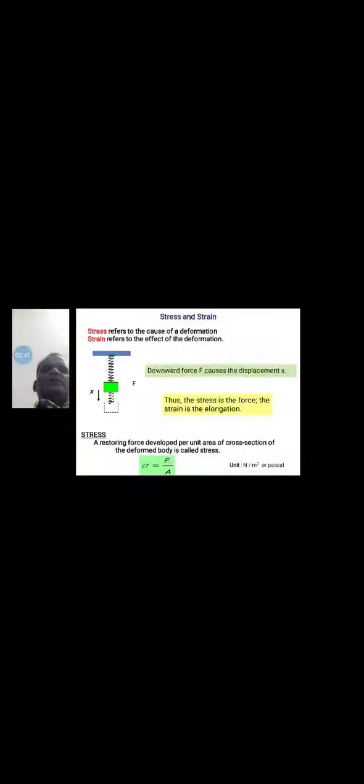The downward force F causes the displacement X in the case of the spring. The force is due to the load applied at the free end. Thus, the stress is a force, the strain is the elongation. We can define the stress as force per unit area, that is, the restoring force developed per unit area of cross section. The deformed body is called as stress.